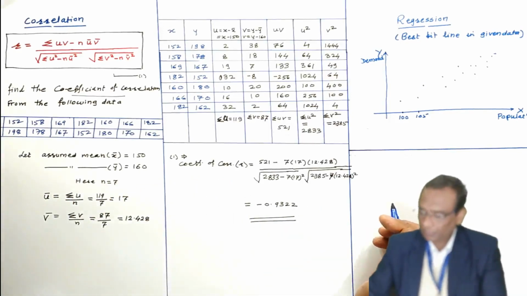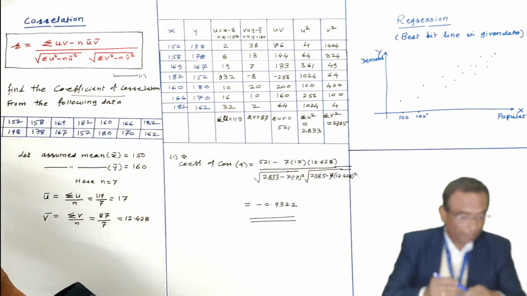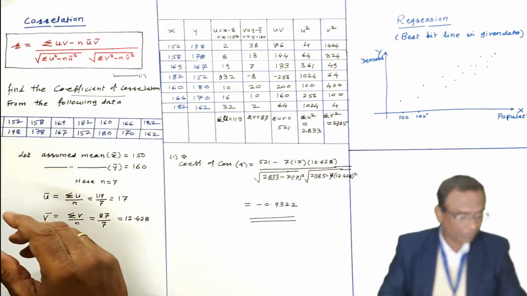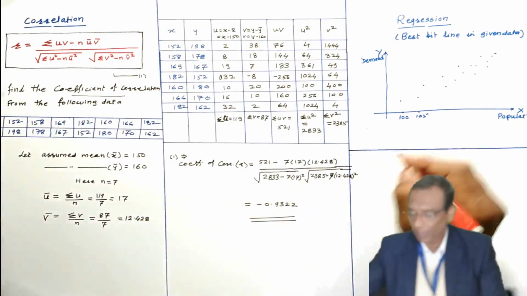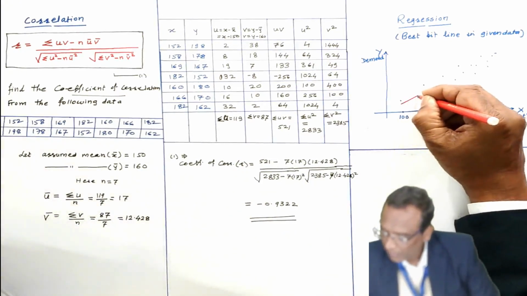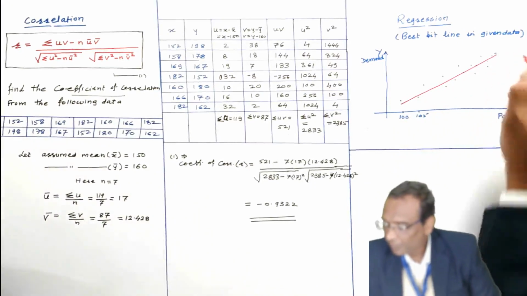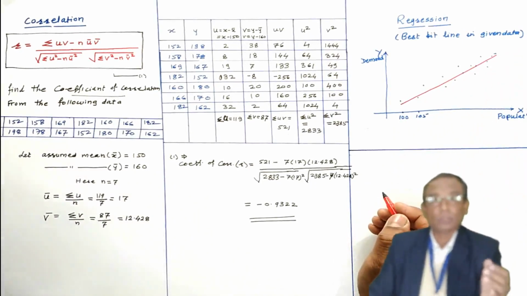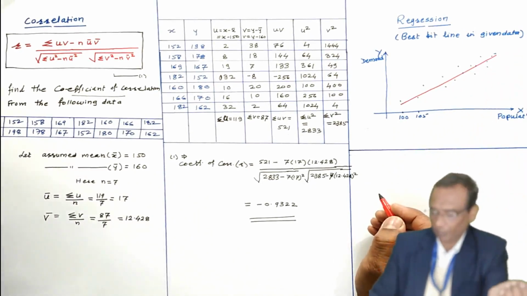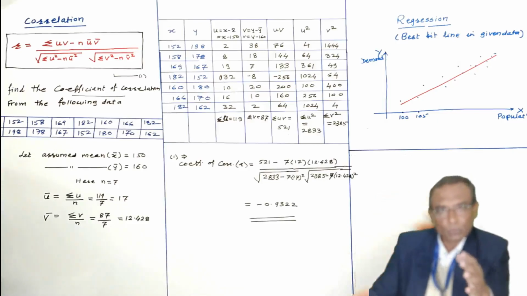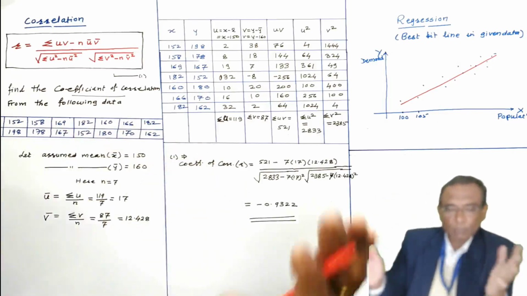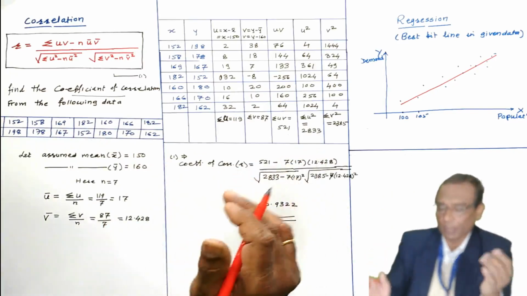So what are the statisticians doing? They are going to fit the line, the line of best fit. That line is somewhat closer to the maximum points. That is what is called the line of best fit.